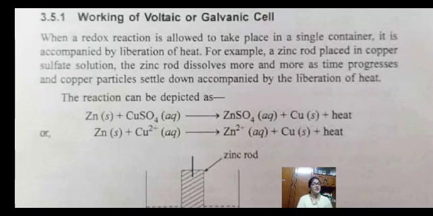These are the two half cell reactions, and combining them we get the complete cell reaction, that is Zn plus copper sulfate getting converted to zinc sulfate plus copper.